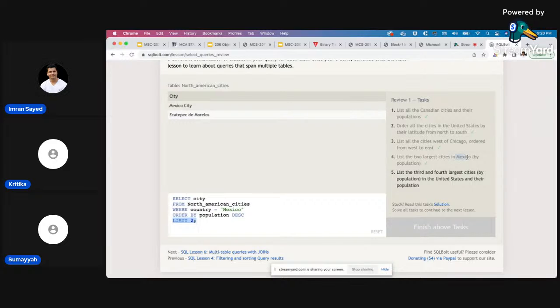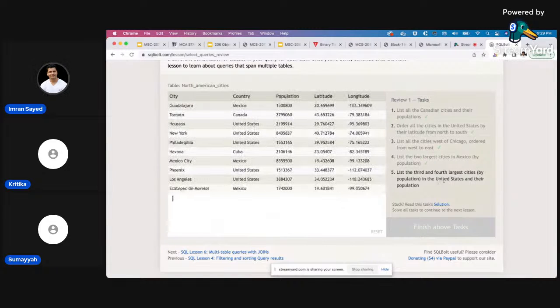If you put population descending, it'll start with the highest. So it'll start listing down the highest first, followed by the next highest. But you only want two, so we put limit two. Where we want it in the Mexico country. So that's why I put where Mexico country from this table, and you want just the city. So that's fine.